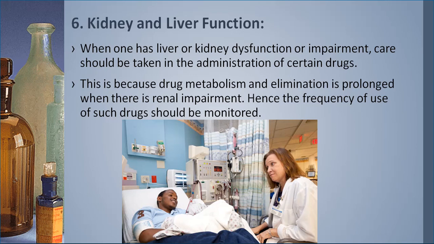So when one has a liver or kidney dysfunction or impairment, care should be taken in the administration of drugs, because the liver, which metabolizes medicine, and the kidneys, which eliminate medicines, may not be able to do that, and the drug may have a prolonged effect in their system. This can lead to death or toxicity. Hence the frequency of use of such drugs should be monitored.